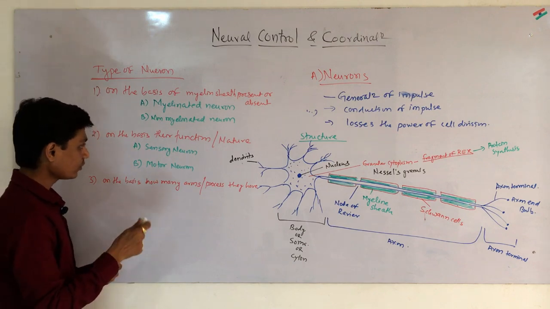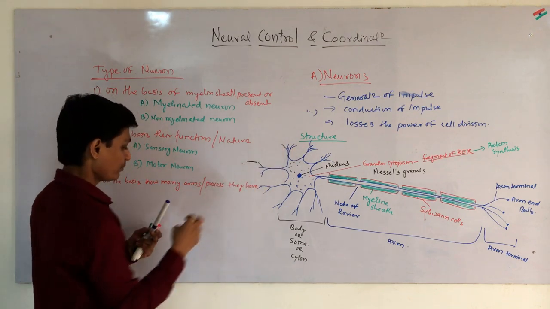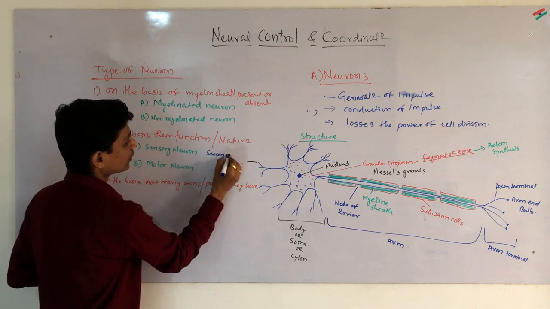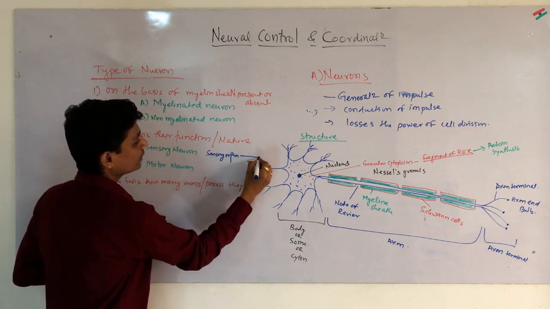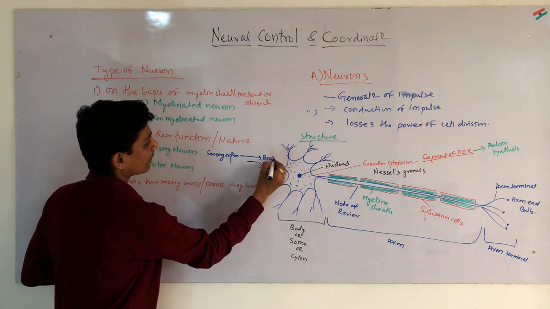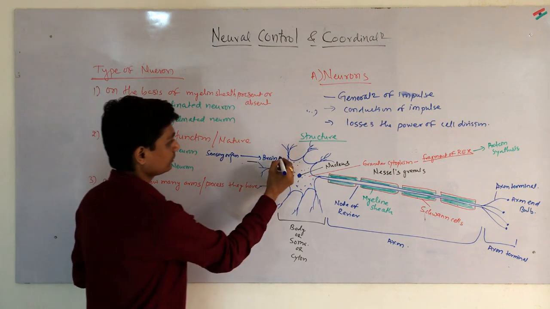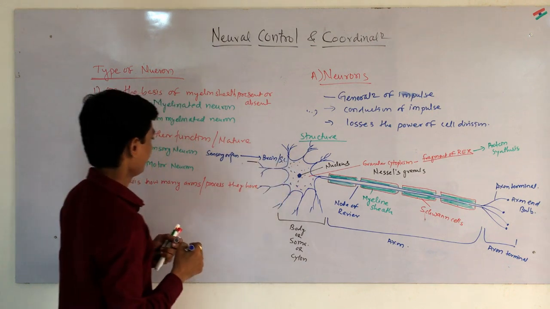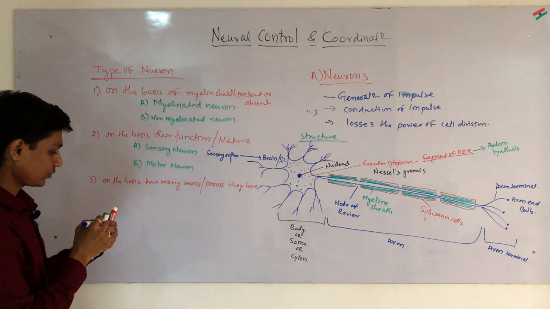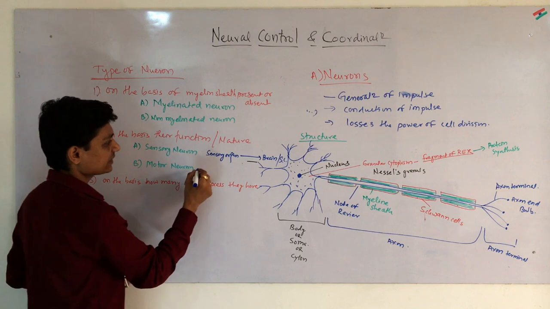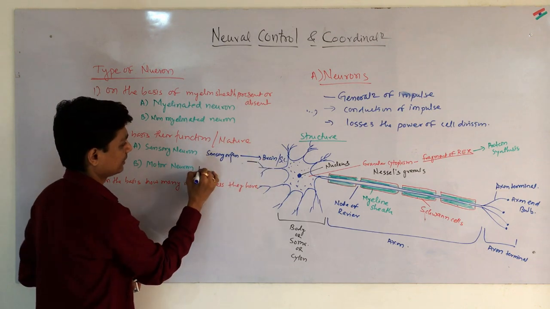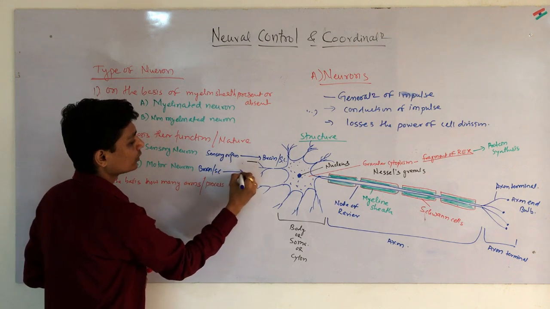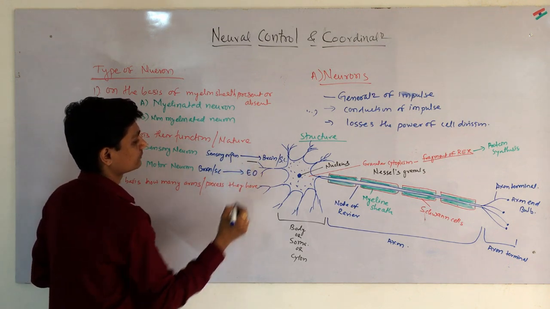The sensory neuron carries the impulses from sensory organ to brain or spinal cord, and motor neuron carries the impulses from brain or spinal cord to effector organ.